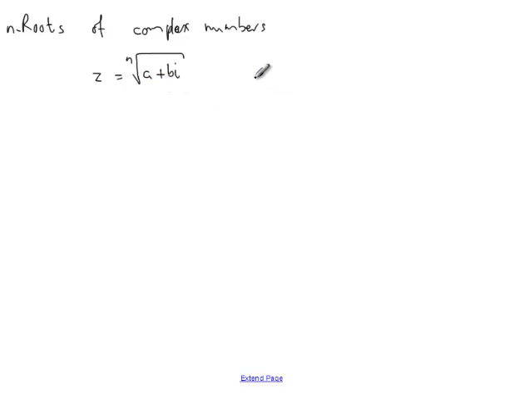What we need here is the modulus of A plus B i, which let's label as R. All together, let's label it as R. Then this is equal to the square root of A squared plus B squared. Do you agree? Okay. Then we also need theta.